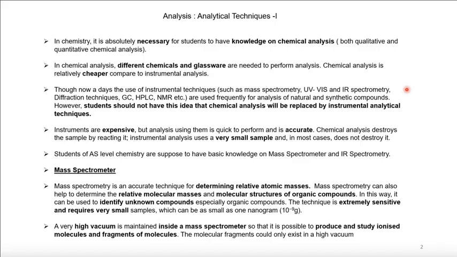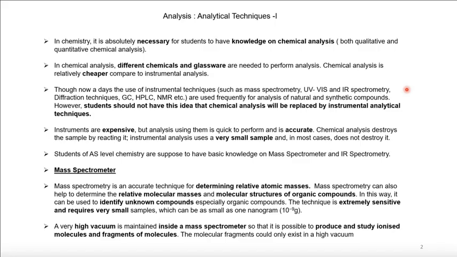What are those instruments? For example, mass spectrophotometry, UV visible, and IR spectrophotometry, diffraction techniques such as gas chromatograph, HPLC, and NMR, etc. There are many other instruments. One can use instruments and analyze the synthetic and natural compounds very quickly, no doubt about it.